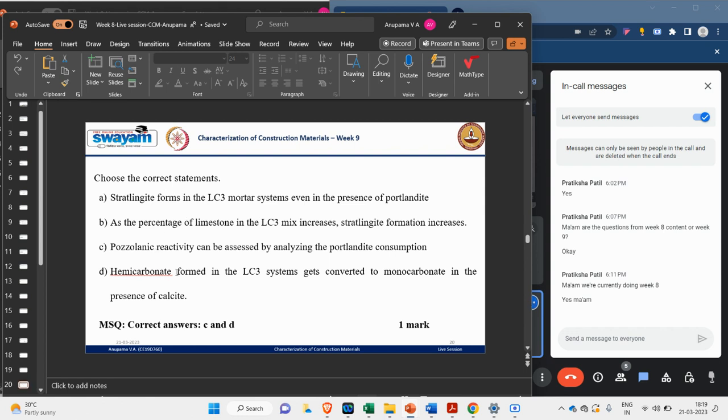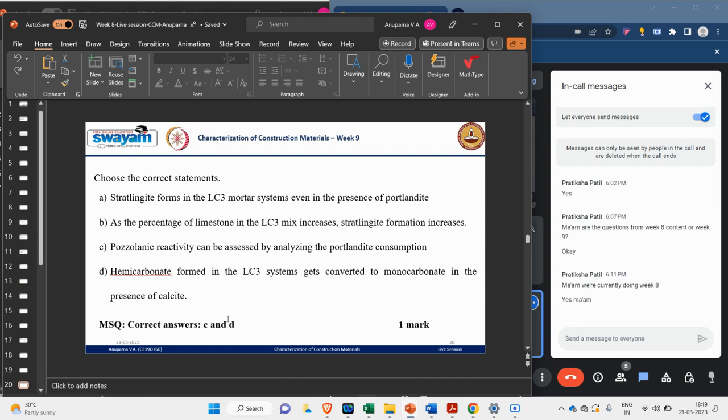As you are now just reading or going through the week content, I'll read out and then explain. Stratlingite forms in the LC3 mortar systems even in the presence of Portlandite. This is a wrong statement because stratlingite is a CASH phase. It has an alumina to silica ratio of 1, and we learned one more thing about stratlingite.